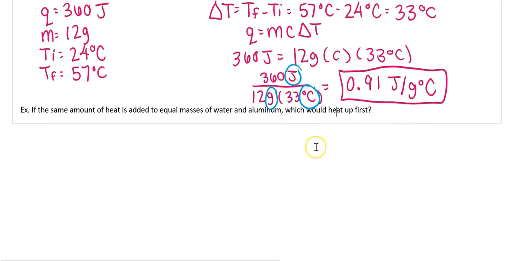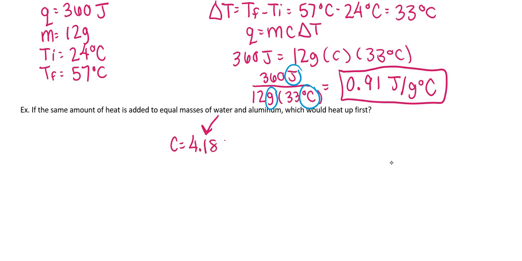Last question. If the same amount of heat is added to equal masses of water and aluminum, which would heat up first?